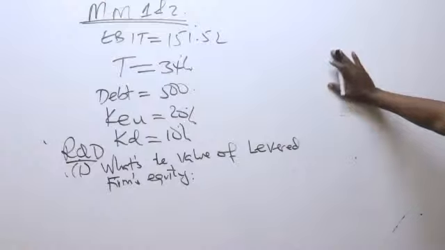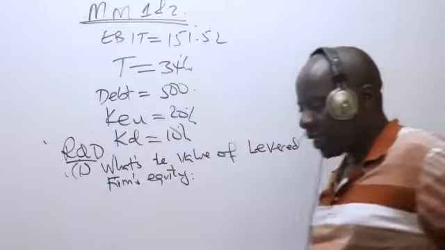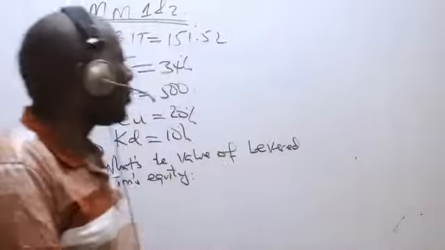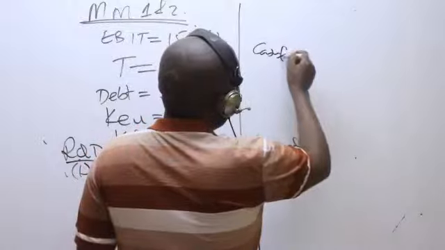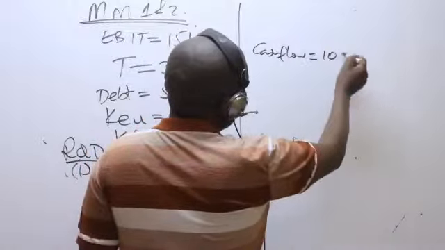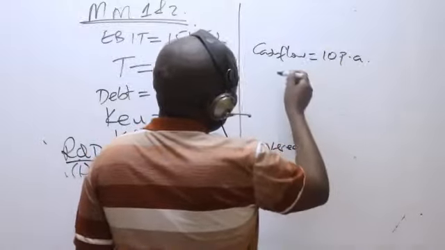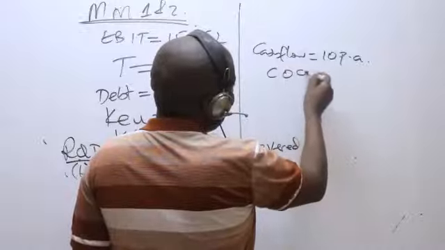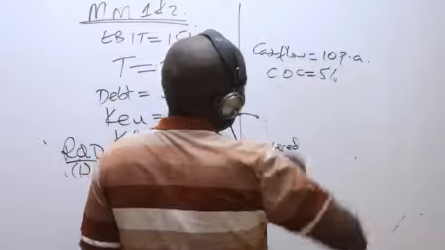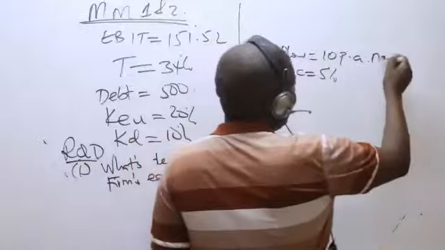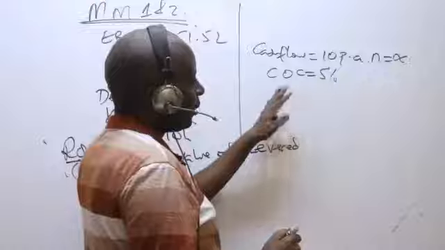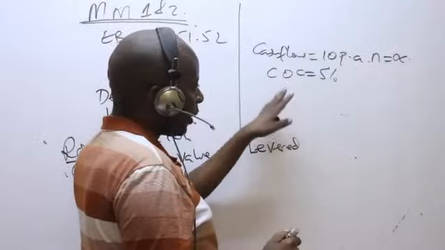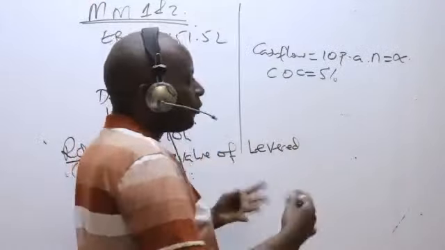And how do we value organizations? If, for example, today somebody tells you that you shall receive a cash flow of 10 million per annum, and you are given cost of capital as 5%, and N is infinity. How do you get the value of this firm?